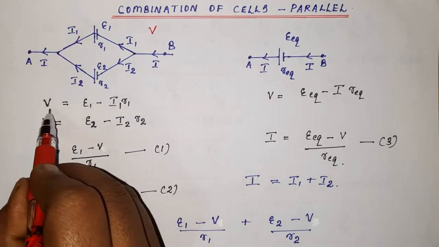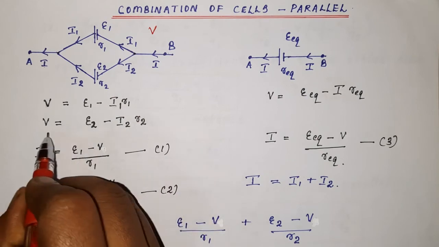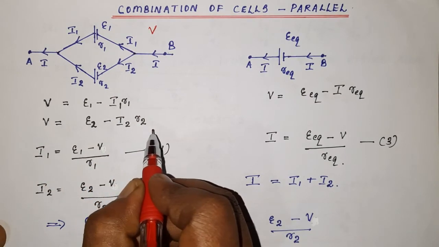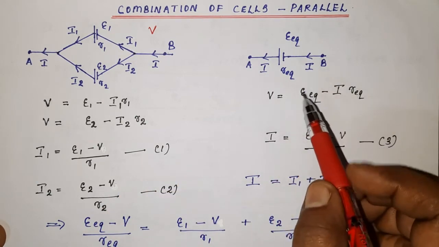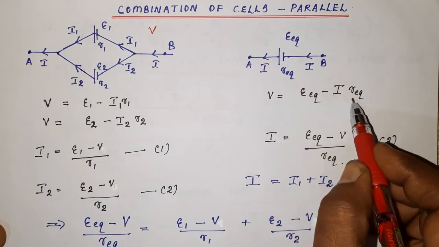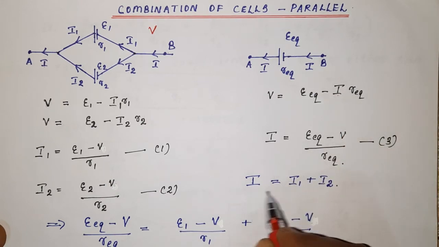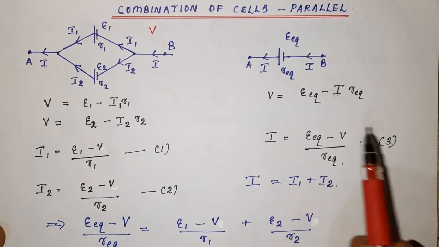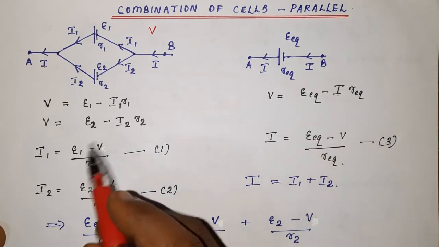So what can we write? V is equal to epsilon 1 minus I1 R1, and V is the same as epsilon 2 minus I2 R2. Now writing for this equivalent cell, we have V is equal to epsilon equivalent minus I R equivalent, where this I is the total current, that is I1 plus I2. Now we can rearrange these three equations.